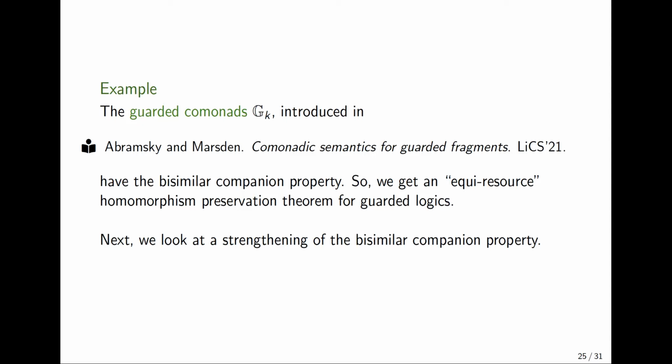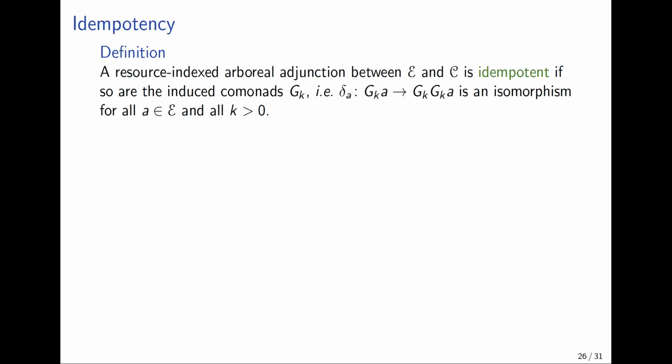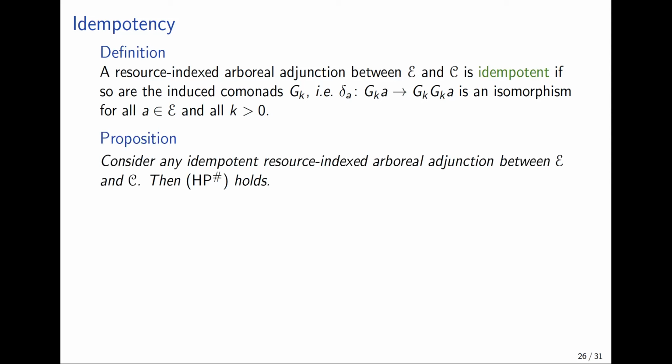What I want to do next is just to look at a strengthening of the bisimilar companion property, which is the familiar notion of idempotent comonad, essentially. So you say that the resource-indexed adjunction is idempotent if all the induced comonads GK on the base category are idempotent. And in this case, idempotency implies the stronger property HP sharp.